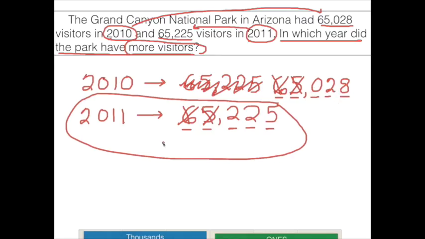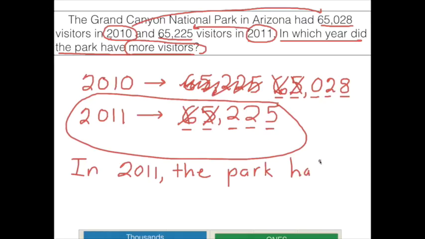This guy had more. So in 2011, the park had more visitors.